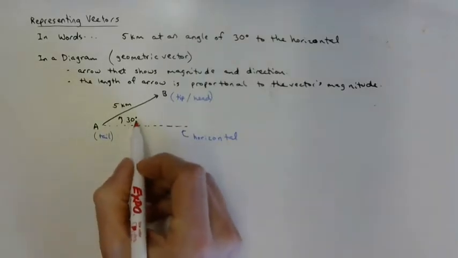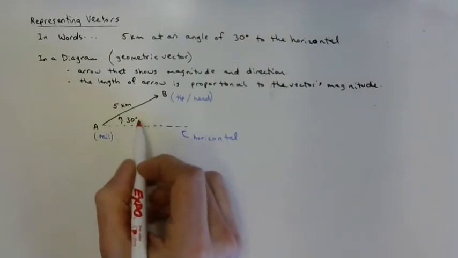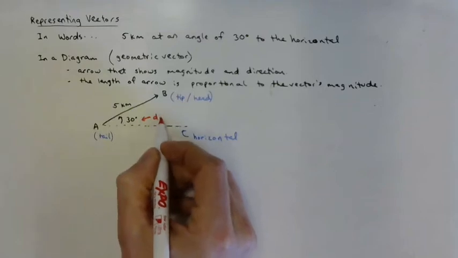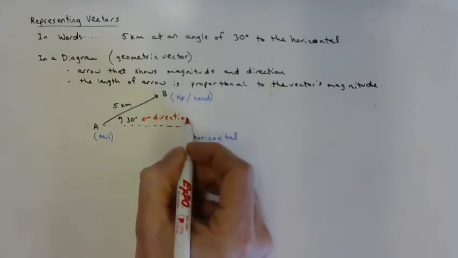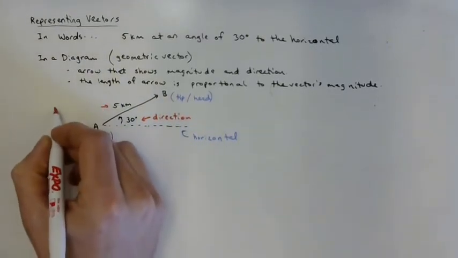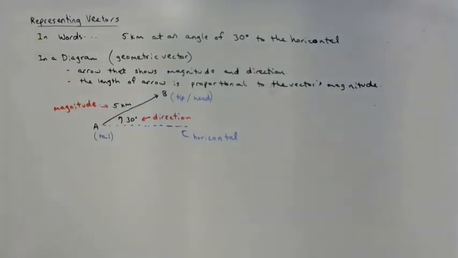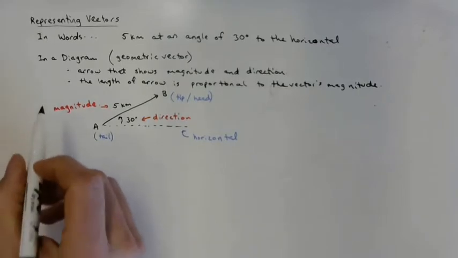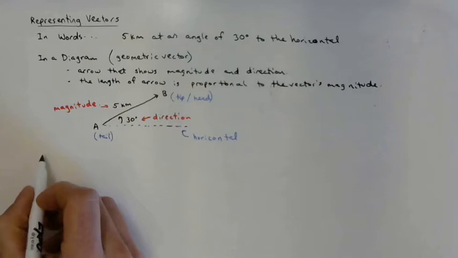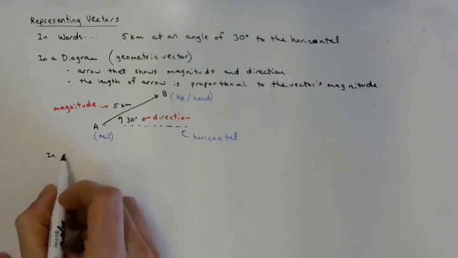We have direction, and magnitude. Okay, then we can use, so we've got words, diagrams, and in symbols.